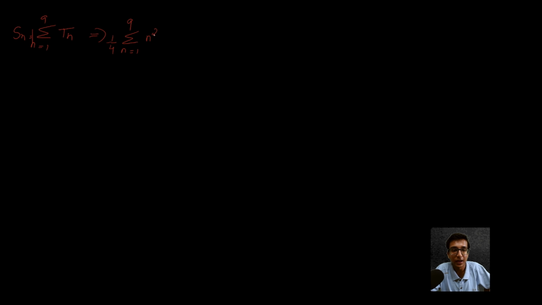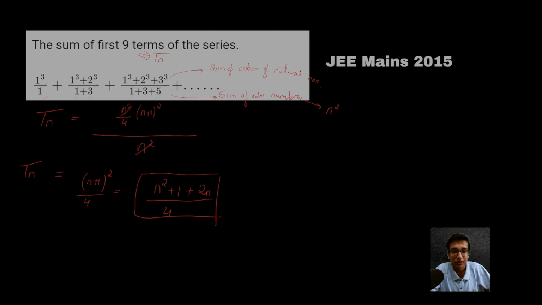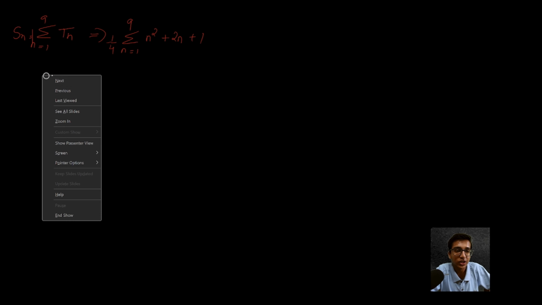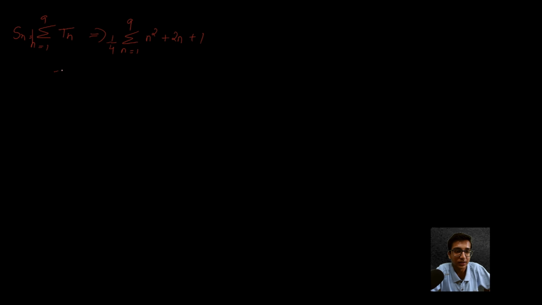So this would become n square plus 2n plus 1, which in turn we can write as 1 by 4 summation n is equal to 1 up till 9 n square plus summation n is equal to 1 up till 9 2n plus summation n is equal to 1 up till 9 1.